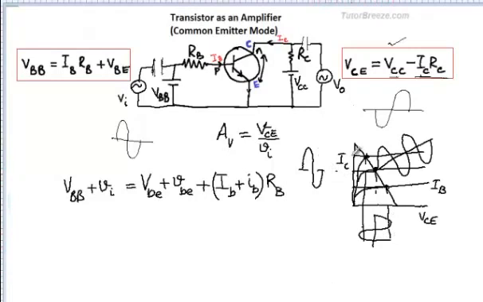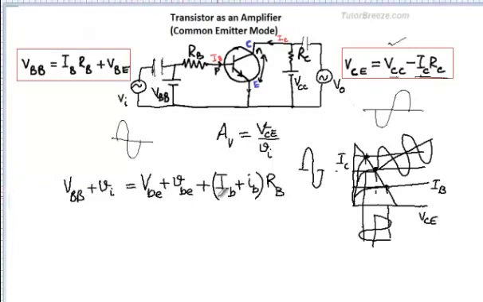So all the quantities are going to vary when we apply this sinusoidal signal, and accordingly we have modified this expression. The quantities in caps are the quantities that are maintained constant by biasing the transistor, and the quantities written in small letters are those which will vary with time, due to the alternating signal.